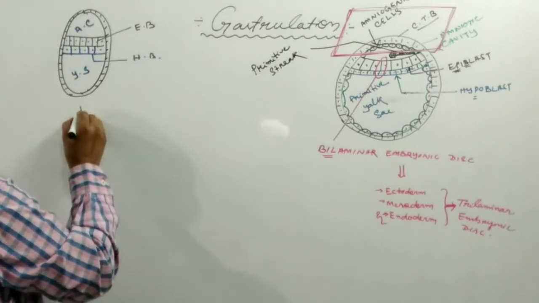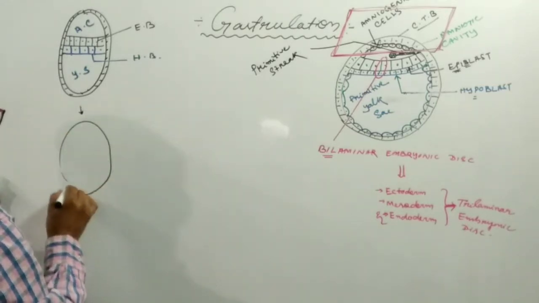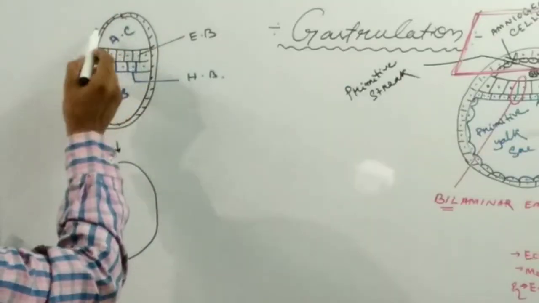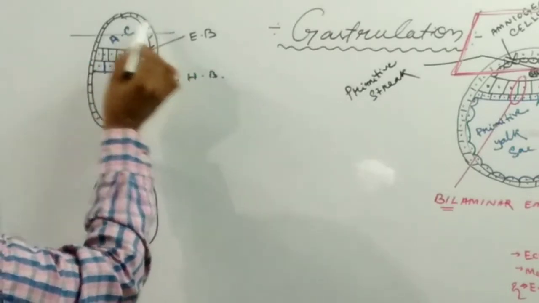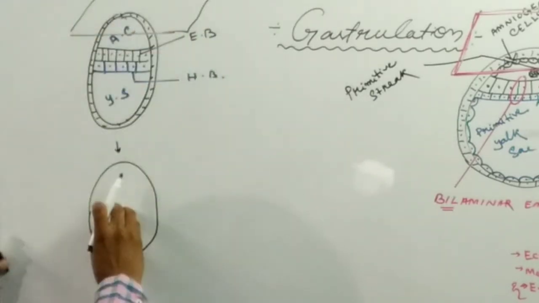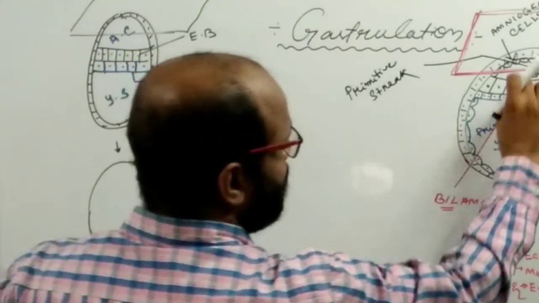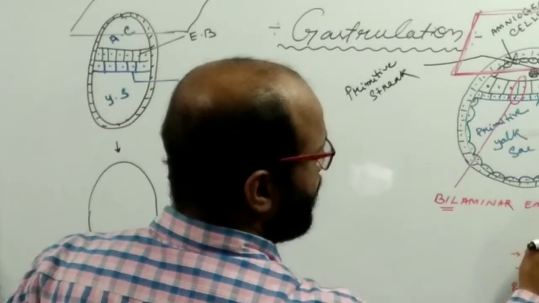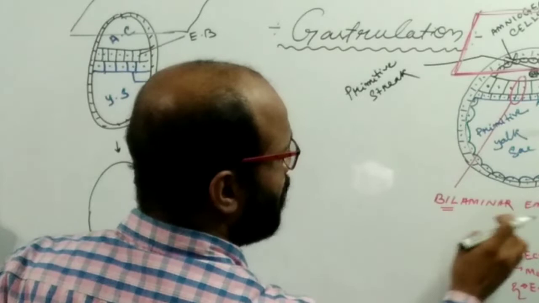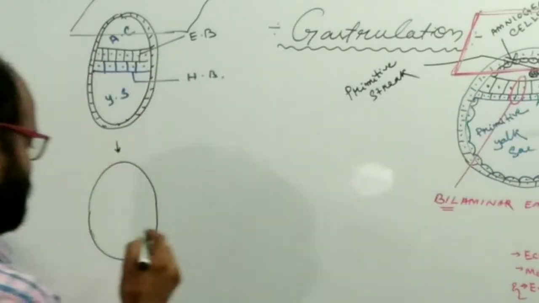If you observe on top, what do you see? This is the disc-like structure. Now you are observing on top by taking the section like this. After the formation of the bilaminar germinal disc, or embryonic disc, there is the formation of the primitive streak.